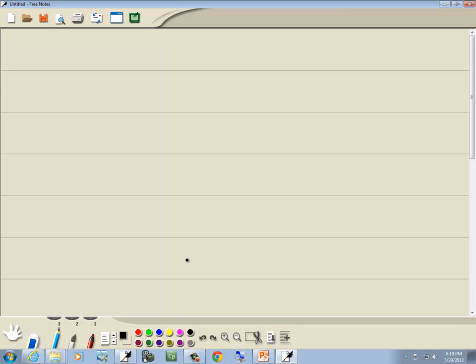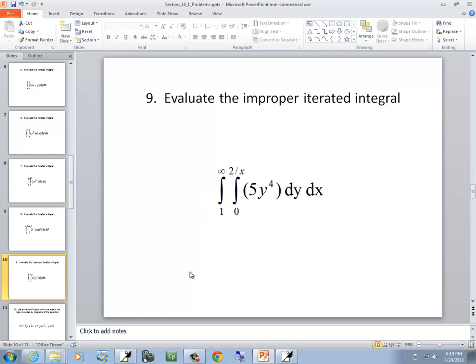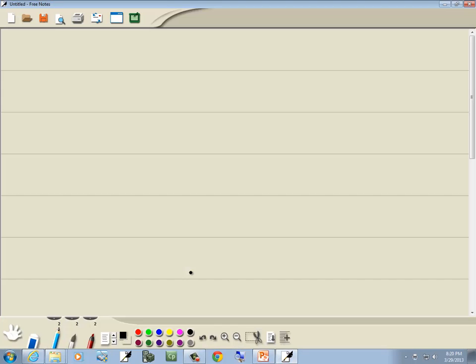Tablet to blow up, so I'll bring up another copy. There we go. And let's take a look at this one. This is showing how to handle an improper iterated integral. So again, I'll keep in mind what these are.